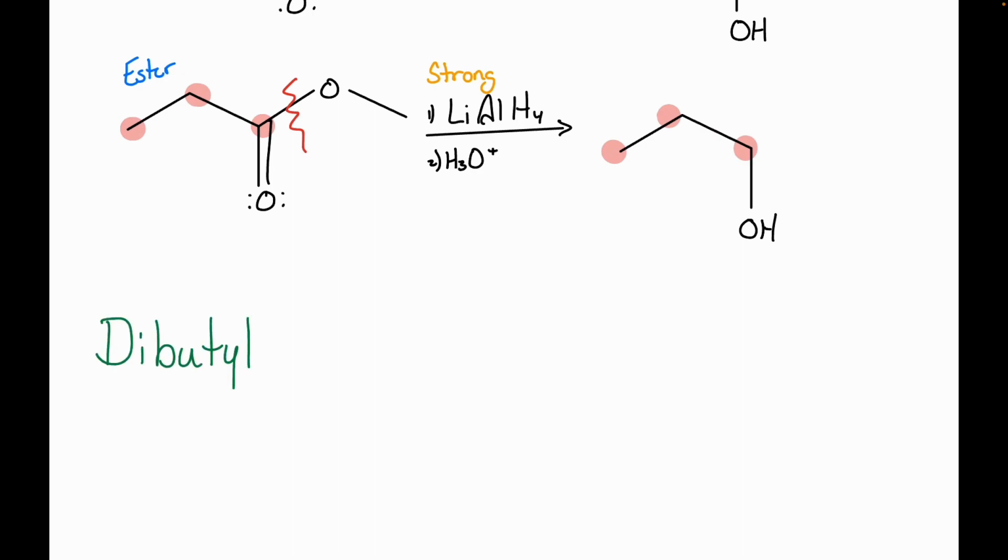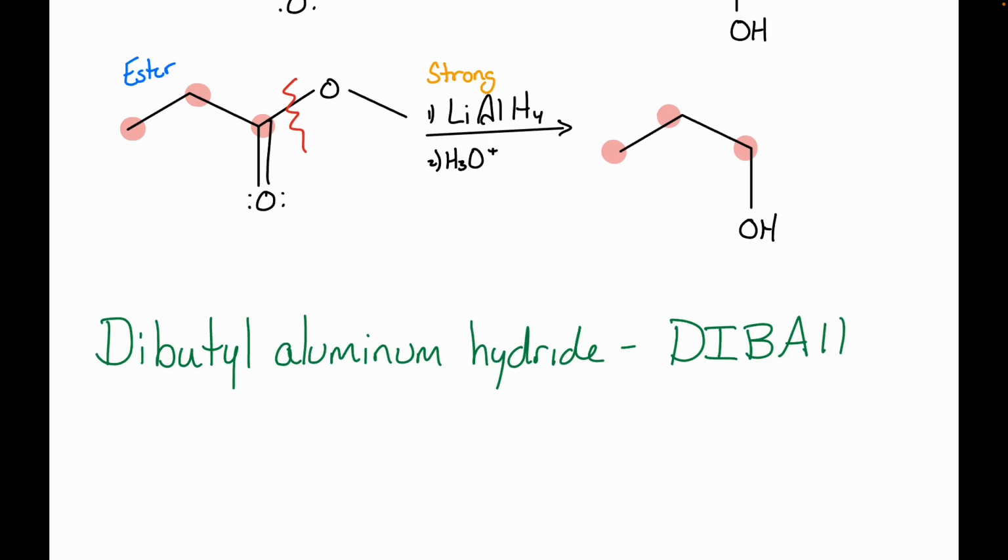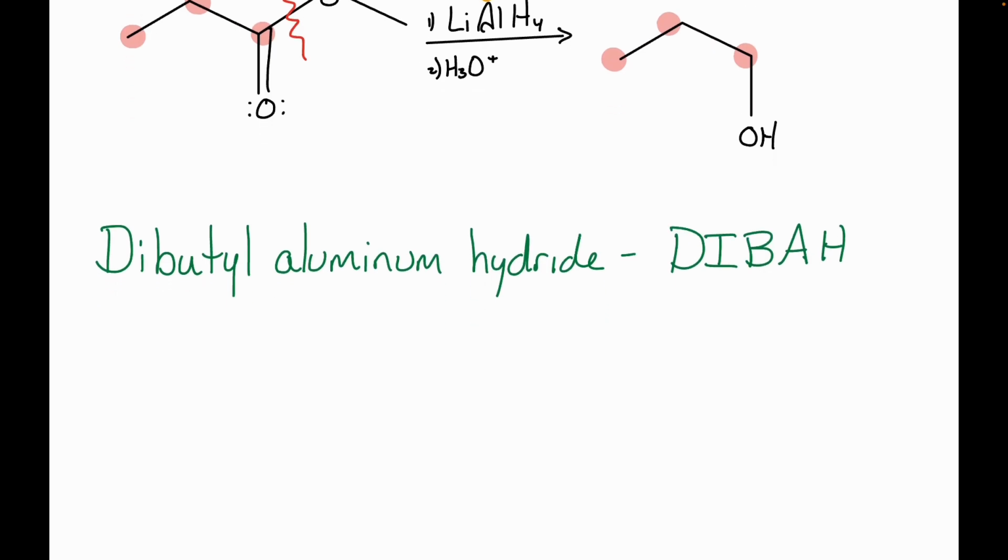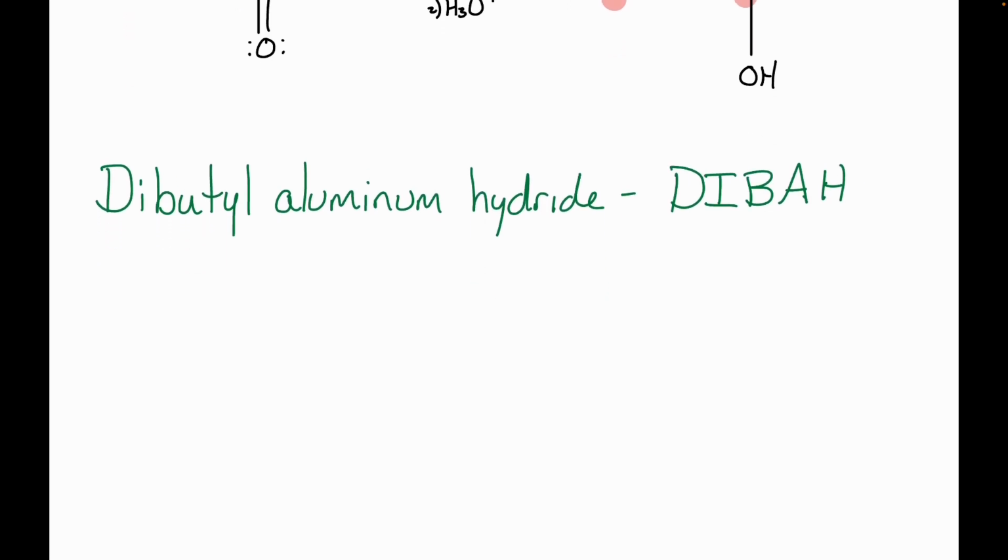dibutyl aluminum hydride, or DIBAH, DIBA. That's how you're going to see it on your reagent list, abbreviated like that. Okay, so DIBA is an aluminum hydride.